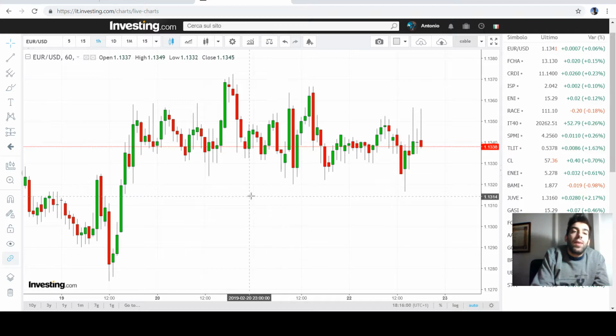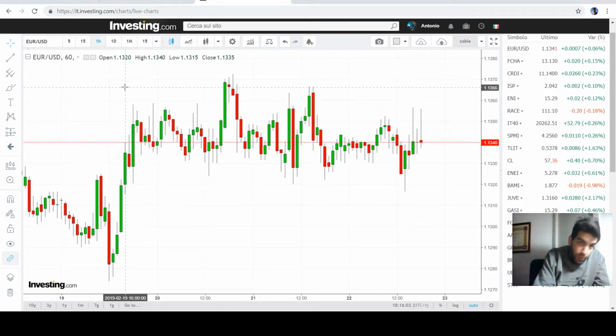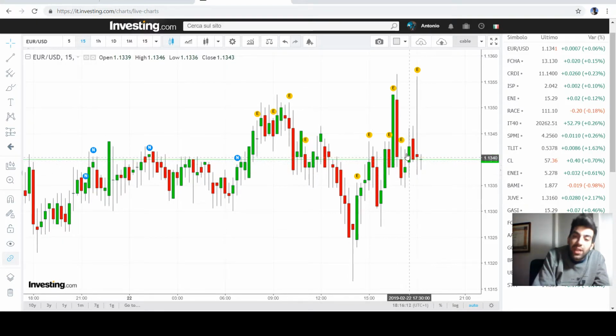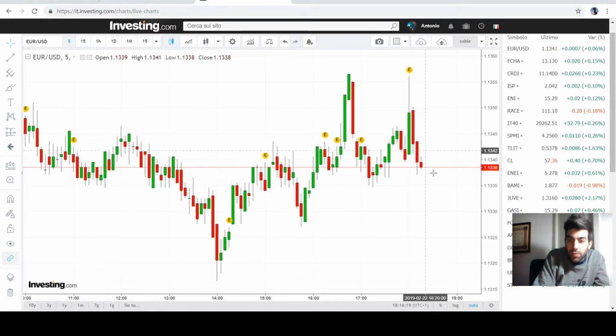If we want to go into even more detail, we can, for example, go for a 15 minutes candlestick chart. Here, every candle represents the price movement in 15 minutes. We can also go into more detail with 5 minutes and so on.